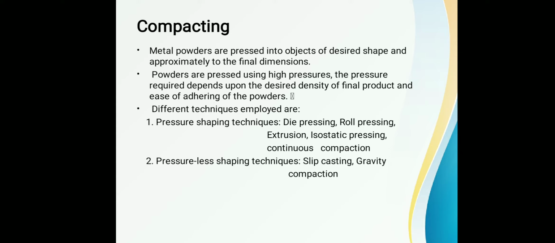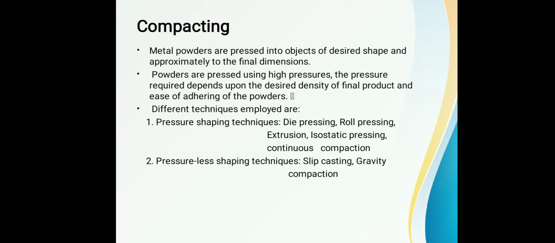The compacting method is used to give the required shape to our powder particles. In compacting, two techniques are used. The first is pressure shaping techniques, and the second is pressureless shaping techniques.